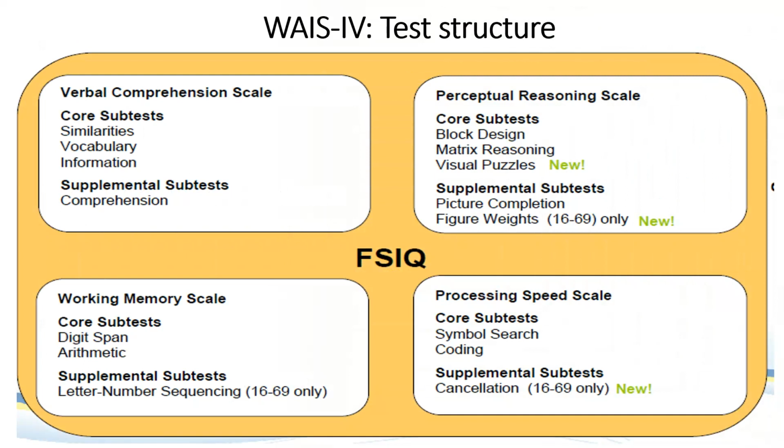You will be able to recall this structure that the whole WAIS-4 is organized into four scales: the verbal comprehension scale, perceptual reasoning scale, working memory scale, processing speed scale, and each have a few core tests which are used to calculate these scale scores as well as the full scale IQ based on the 10. And there are some supplemental tests which are used when the core tests are invalidated or spoiled.